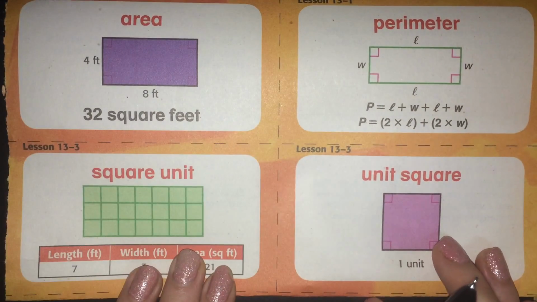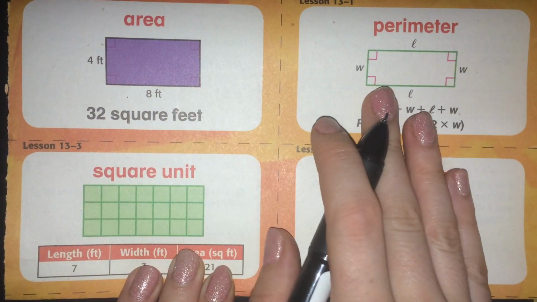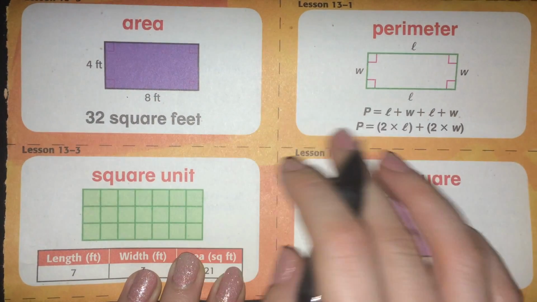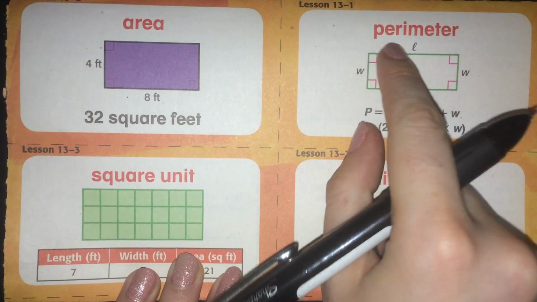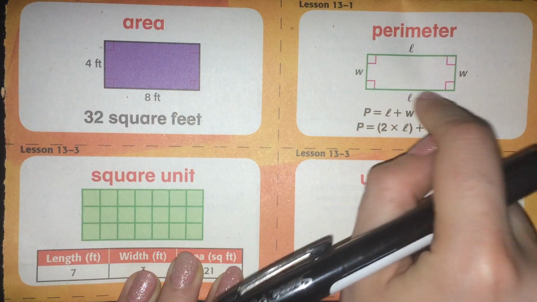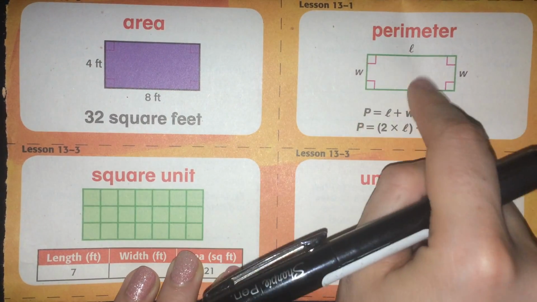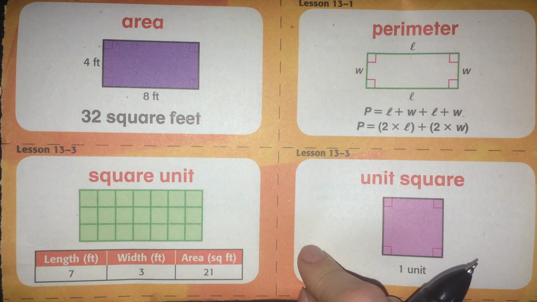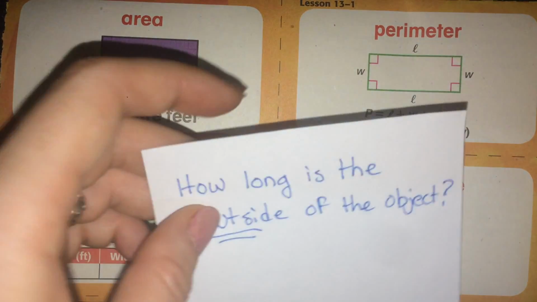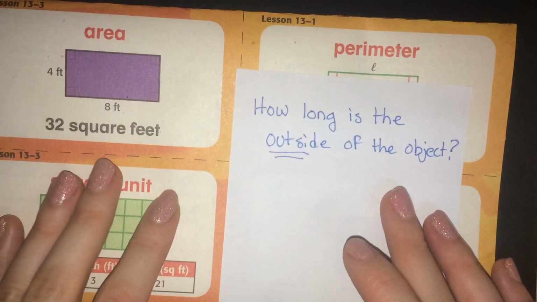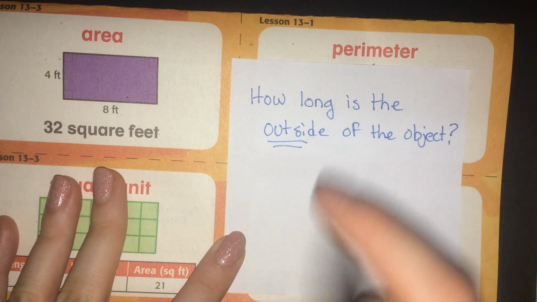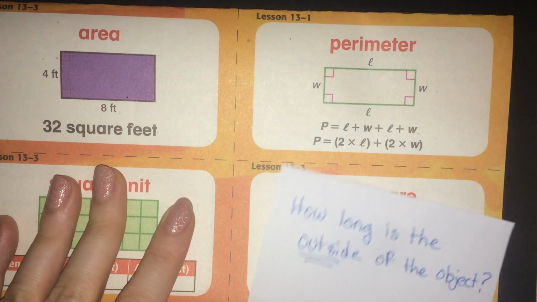The first ones are area and perimeter. Perimeter is talking about the outside edge of an object. Perimeter answers this question: how long is the outside of the object?